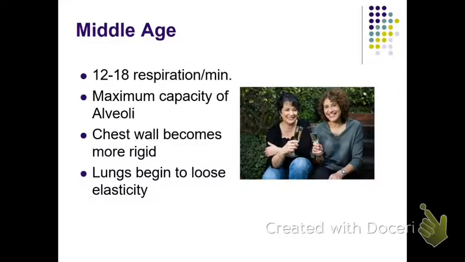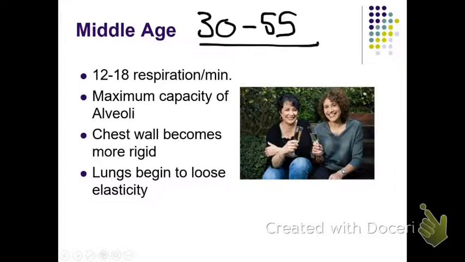Middle age, so perhaps around 30 to 55 years old. You have reached your maximum capacity of alveoli, and how many you have when you enter this stage is how much you will have for the rest of your life.